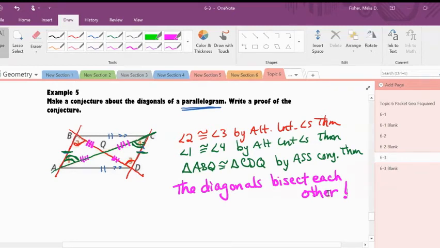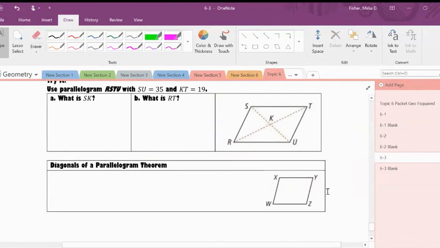Go ahead and pause your video and do the try it and then come back. SK is 1/2 of SU, and SU is the whole length. And so SK is half of 35, and half of 35 is 17.5.